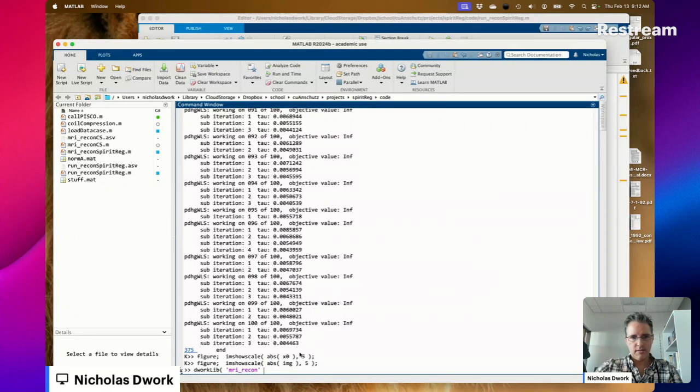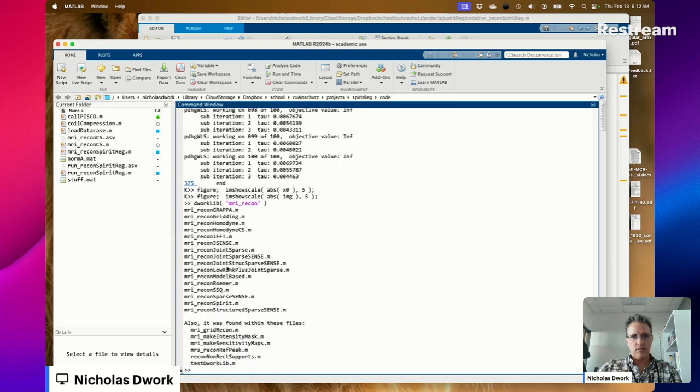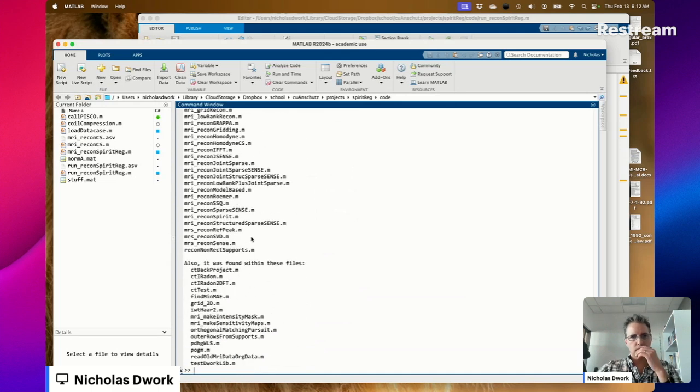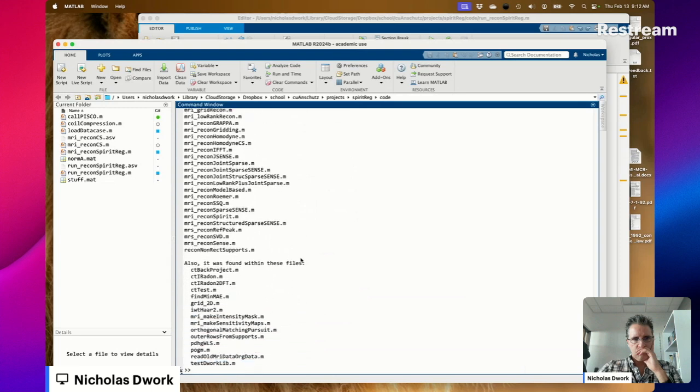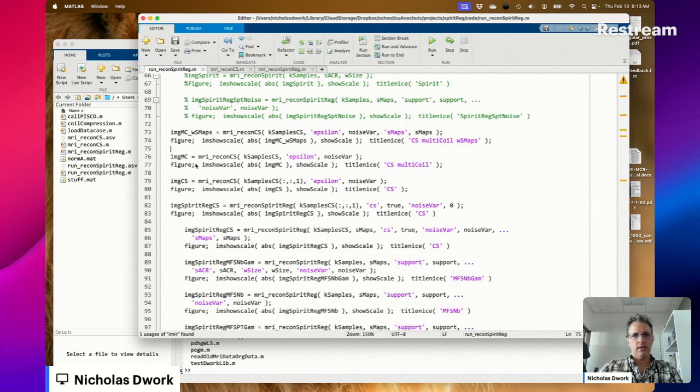Now here's something. I don't see, I do not see my compressed sensing recons.